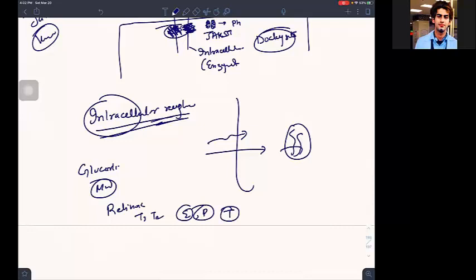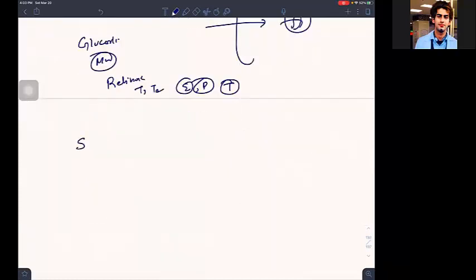Once a hormone is secreted from the secretory site and reaches the target site, before starting its action it has to pass through the cell membrane of the target site, because it has receptors inside the cytoplasm.